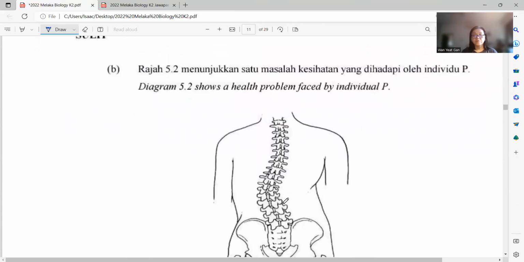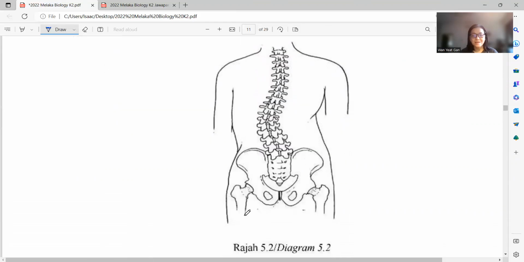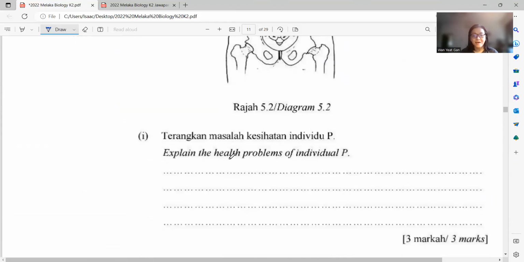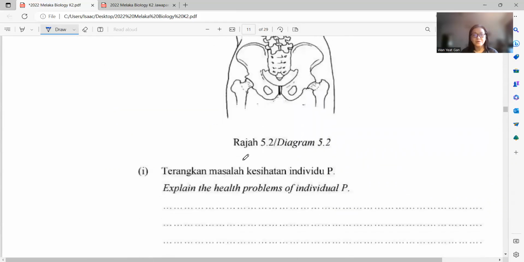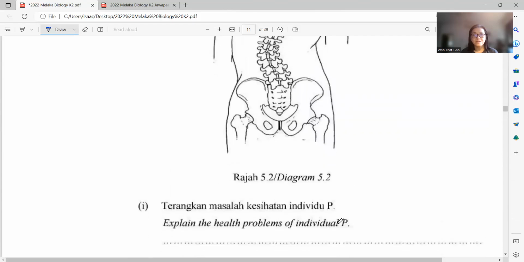Okay, diagram 5.2 shows a health problem faced by individual P. So what is the health problem of this individual? Okay, so this individual is suffering from scoliosis.